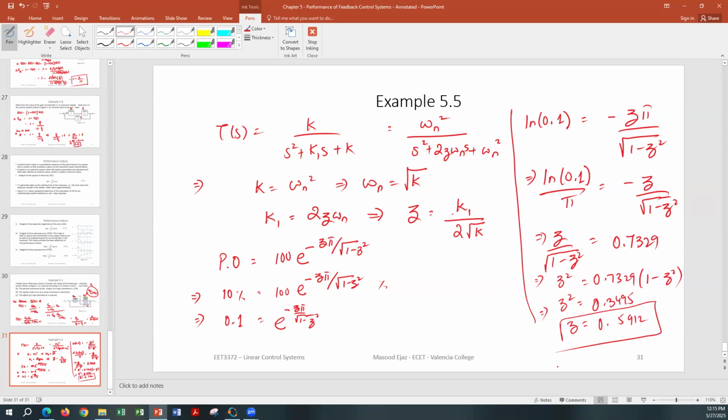So any value of zeta greater than 0.5912 is going to result in the peak overshoot being less than 10%. For zeta greater than 0.5912, peak overshoot will be less than 10%.